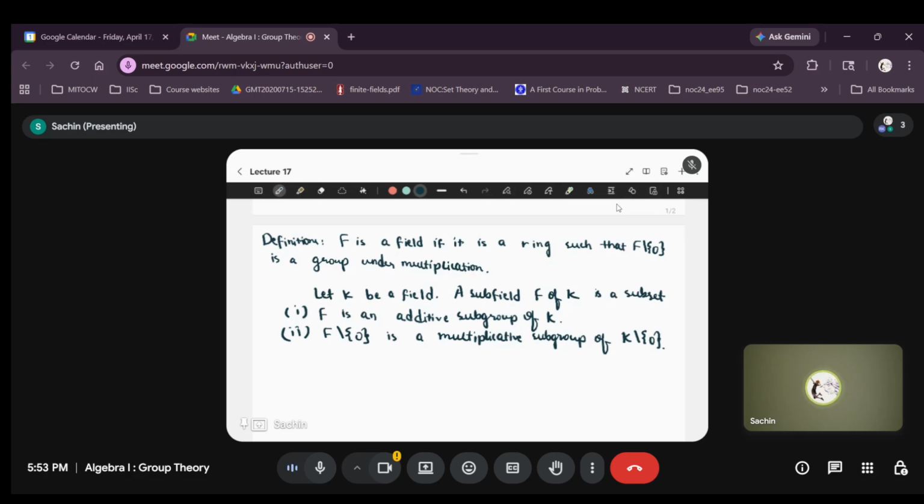Z is a group. Even though we write Zn to be elements 0, 1, 2 up to n minus 1, which is a subset of Z, Zn is not a subgroup of Z because the operation in Z is simply addition. But the operation in Zn is modular addition. The operation is different in those two groups. That's why those two can't be subgroups.